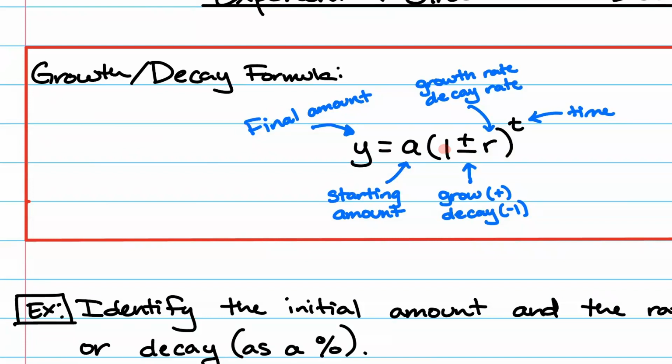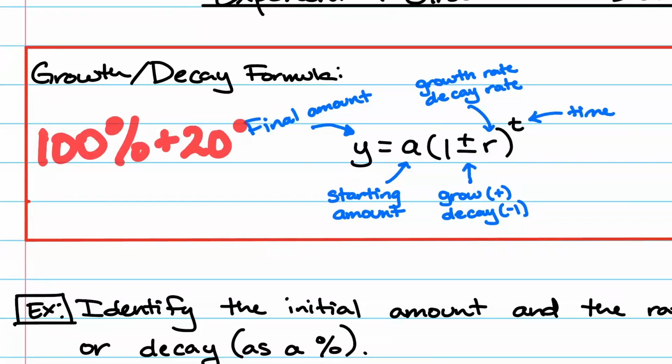So why the one? Well, because remember when we're dealing with a calculator, we don't really use percentages on a calculator. Let me do the first example. What you would do is take your 100% and change it into a decimal. How do you change numbers into a decimal? You put your decimal at the end of the number and then move the decimal 2 times to the left. Look at the number that I get.